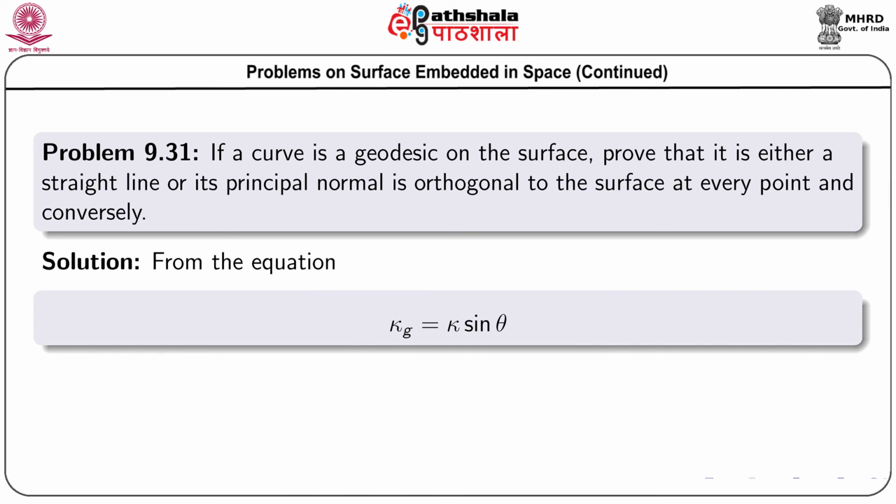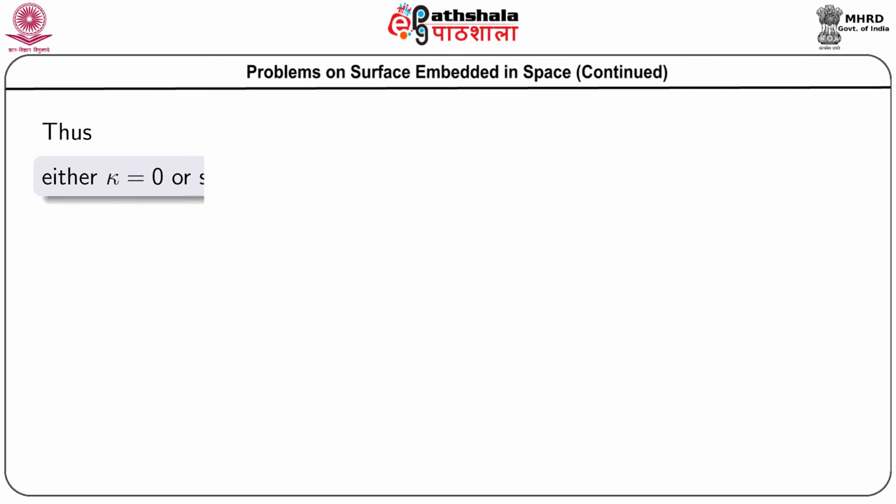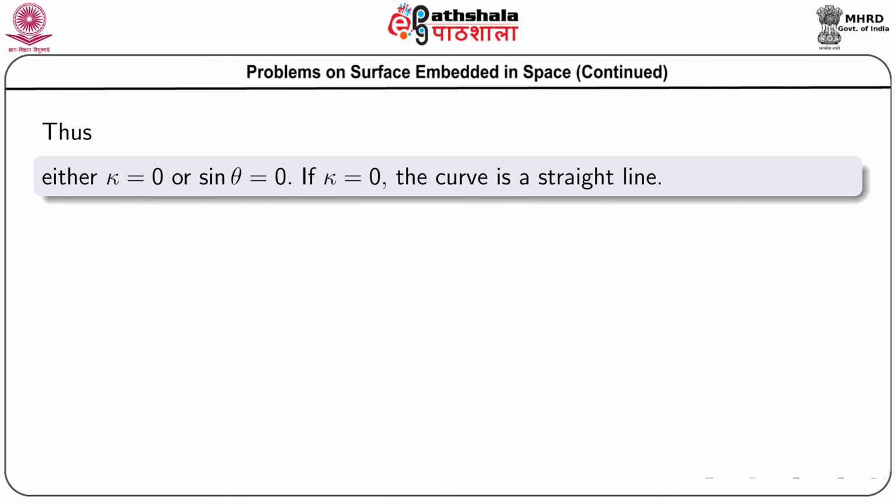From the previous equation, we get that kappa g equals to kappa sin theta. Now, for a geodesic, kappa g equals to 0, that means the geodesic curvature is equal to 0, that means kappa sin theta equals to 0. So, either kappa equals to 0 or sin theta equals to 0.